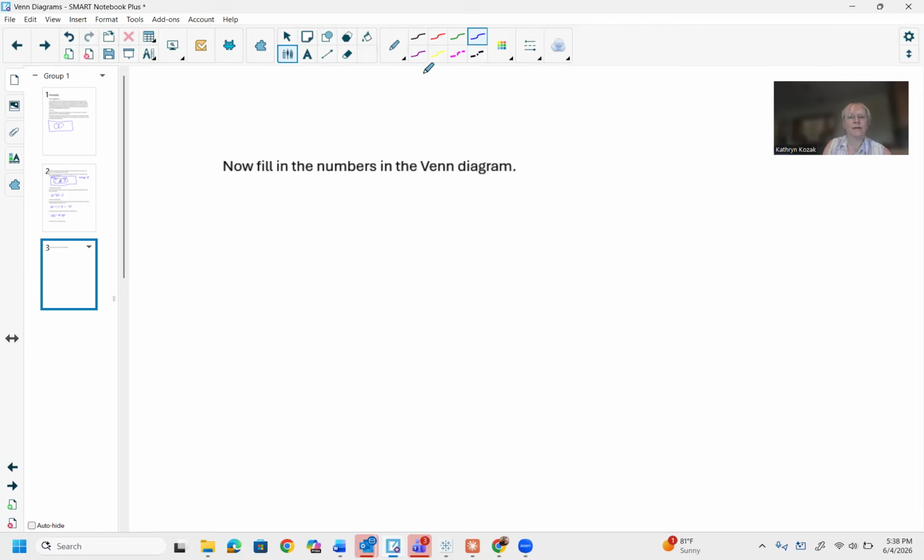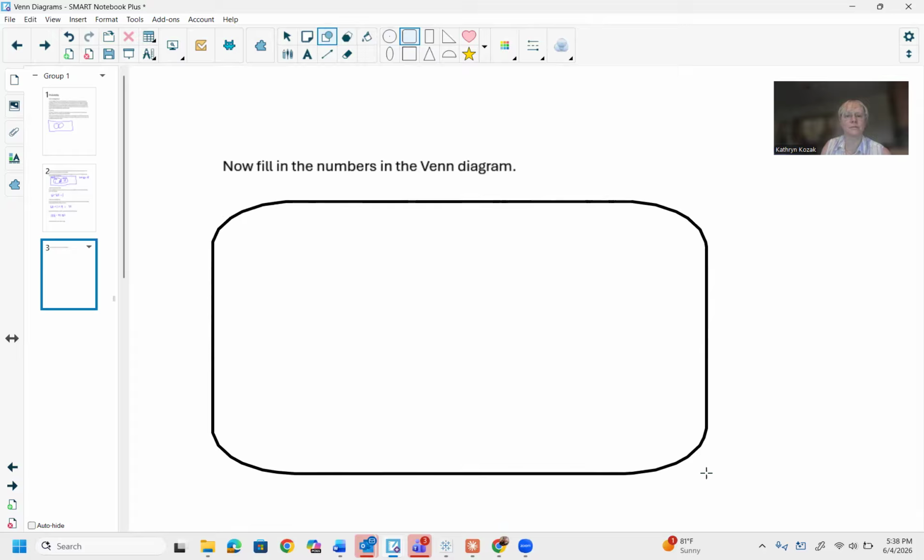So now we can fill in the numbers in the Venn diagram completely. And I'm going to draw a little bit nicer diagram here. So I'm going to draw a rectangle. I'm going to draw some circles.